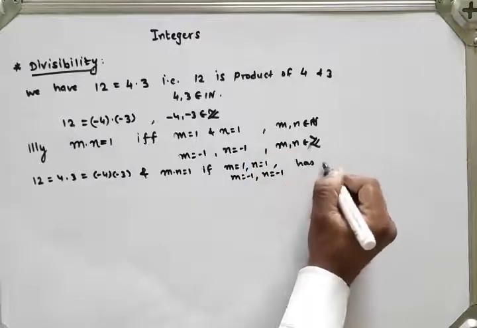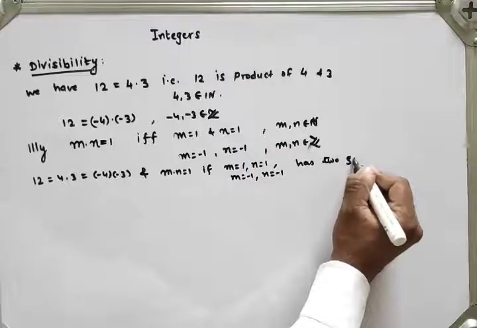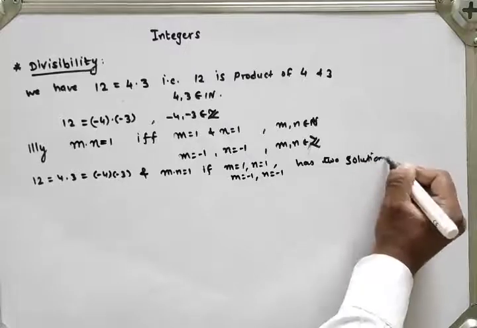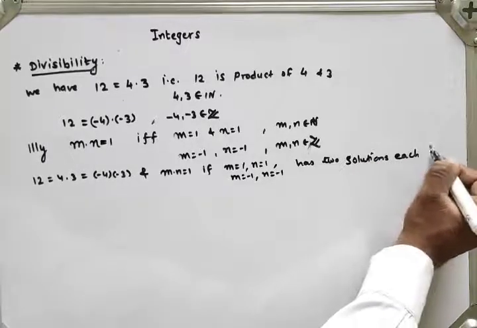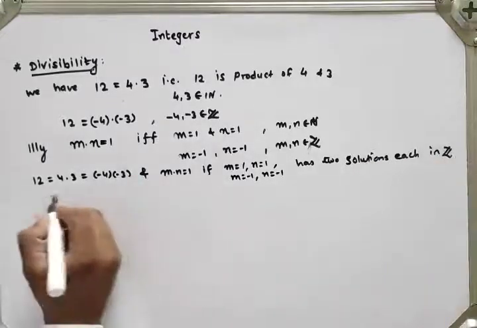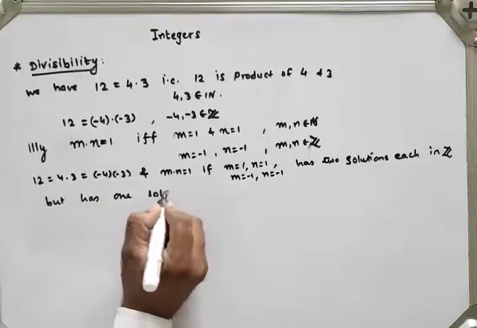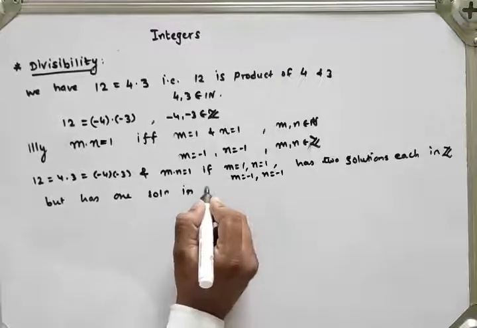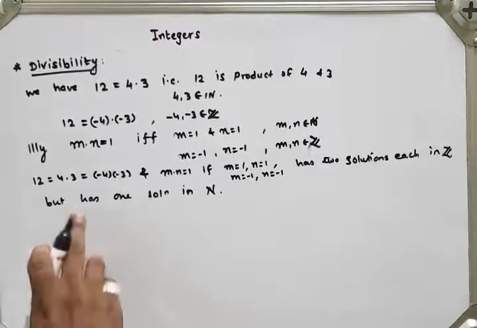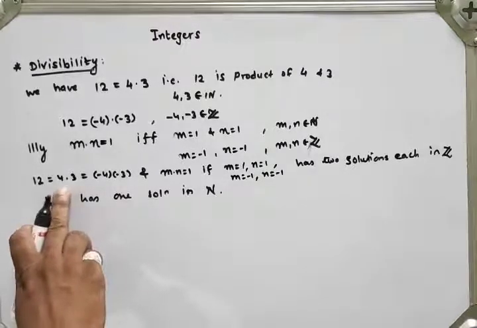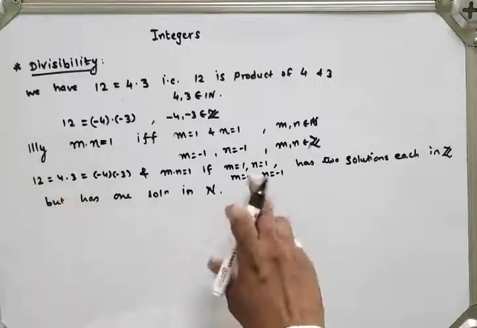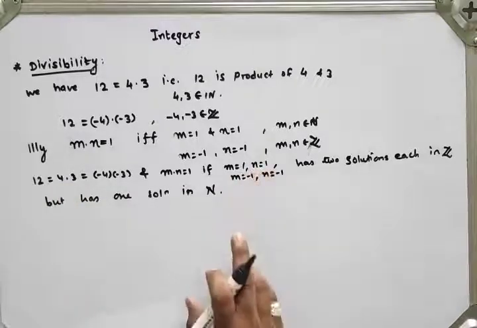So each has two solutions in the set of integers, but only one solution in the set of natural numbers, right? That is 4 into 3, and m is equal to 1, n is equal to 1.